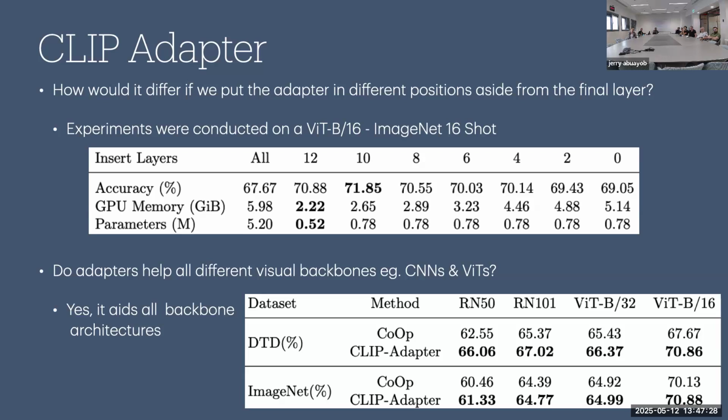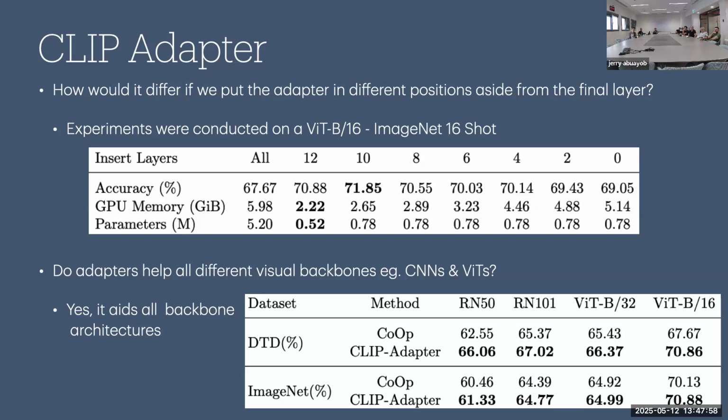Can you explain that again? I don't understand. So the table above showcases how we can add adapters in different ways on the backbone of a visual architecture. The intuitive way to think about it is, if we take a vision transformer, we can add the adapters after a certain vision transformer block.